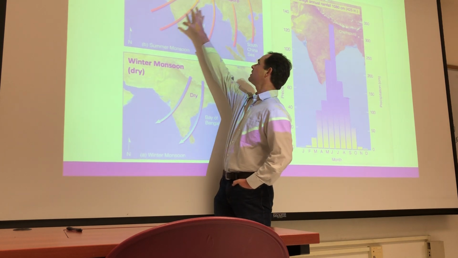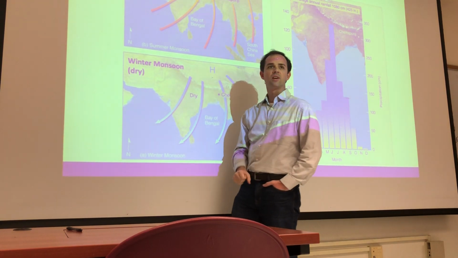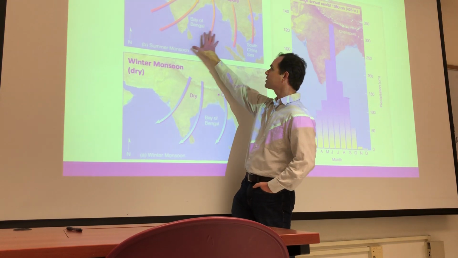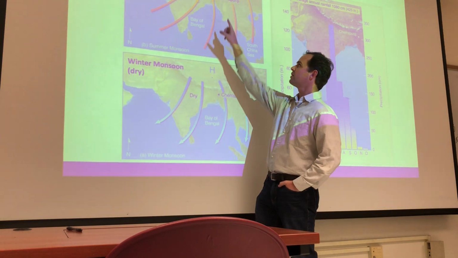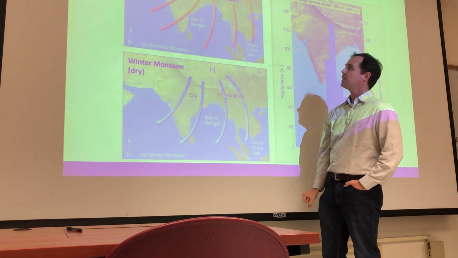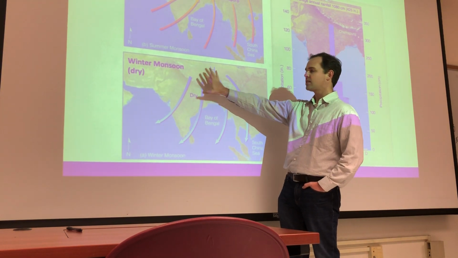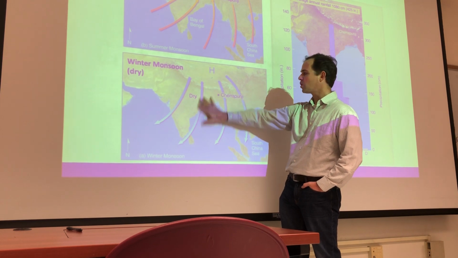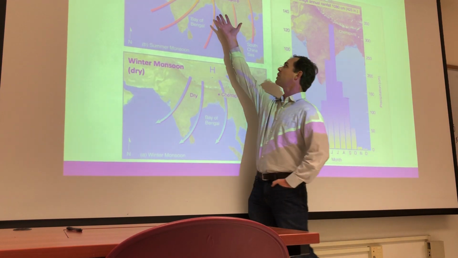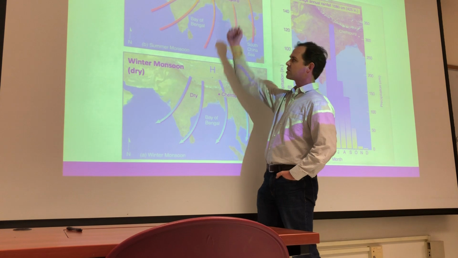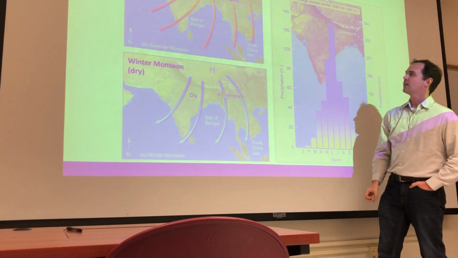Asia, particularly India and Southeast Asia, warms up during summer, more so than the ocean. As a result, you have a flow inland, which reverses in the wintertime as the land cools more. So again, you have a thermal low, which is driving the wind inland.